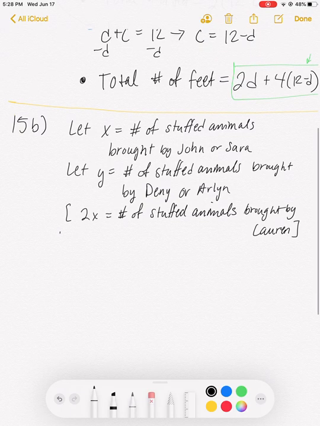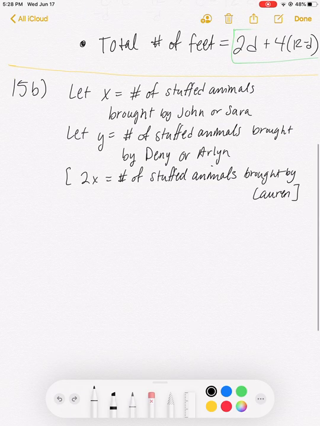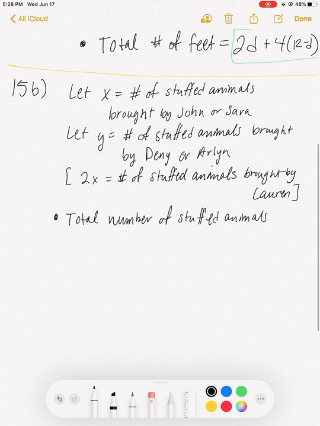So the total number of stuffed animals is an expression, and usually we're used to having numbers for these, like let's say John brought 5 and Sarah brought 5, so they had 10. But we're going to work with variables. Even though we don't know what they are, we can still work with them.